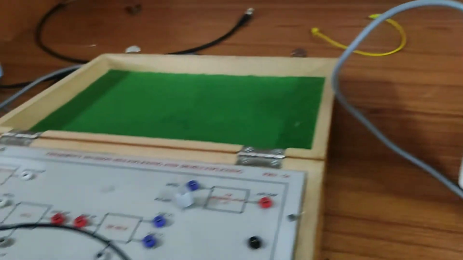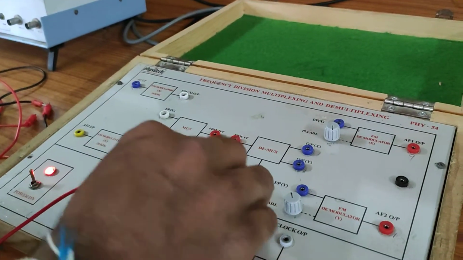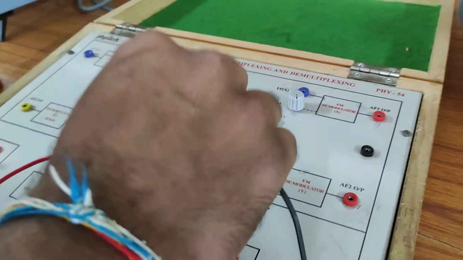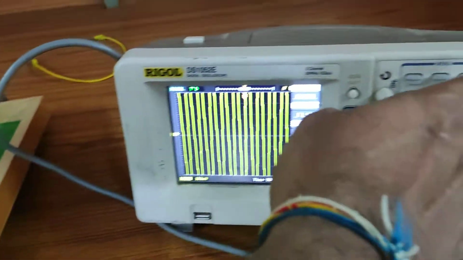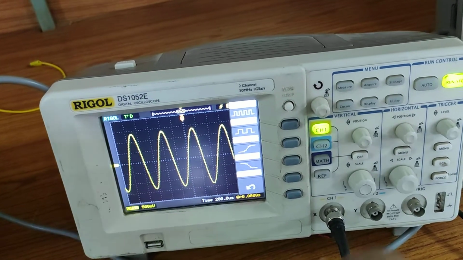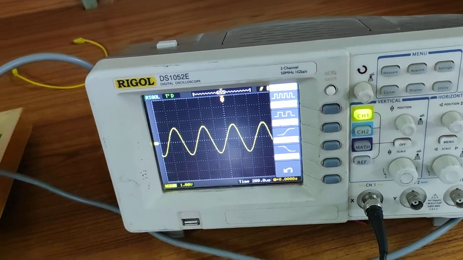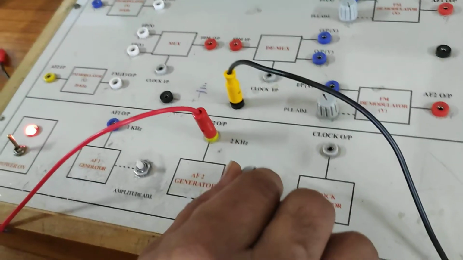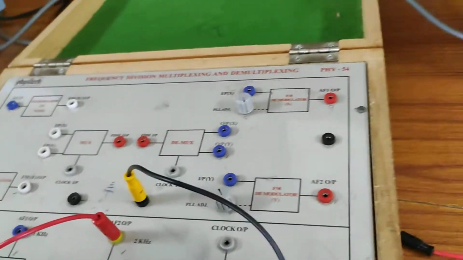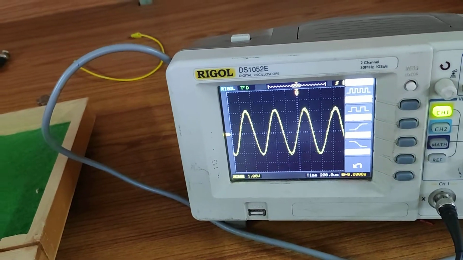Next, I am going to check the second one, which is the AF2 output, and we will adjust the input parameters, the amplitude of the signal. If you observe, we can either increase or decrease the amplitude of the signal depending upon the requirement.